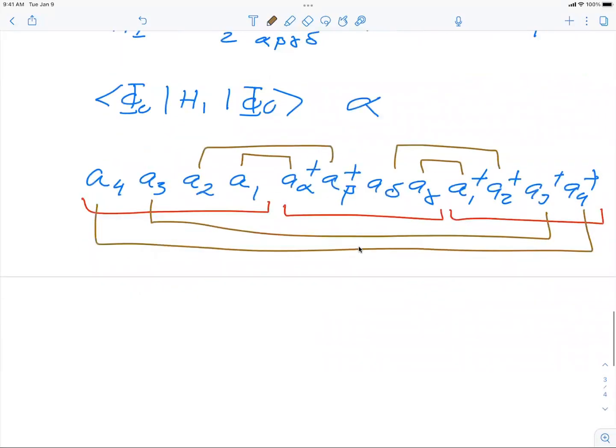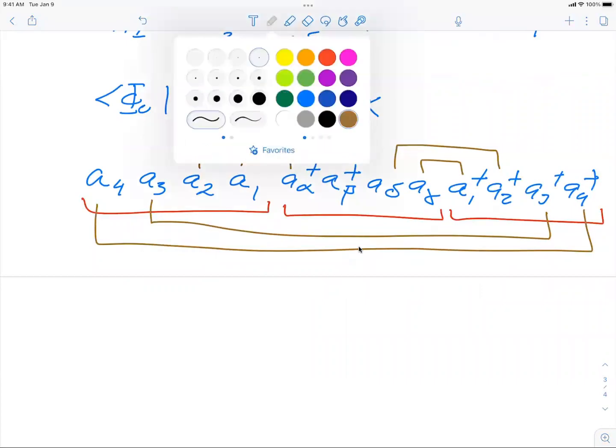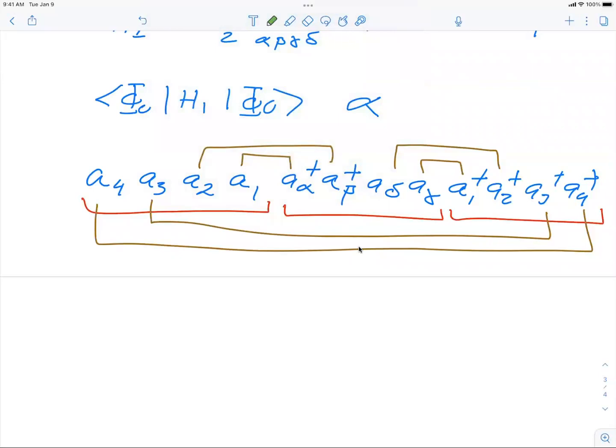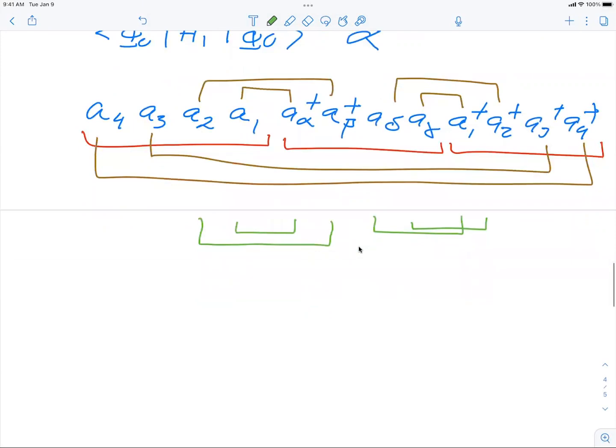So let's keep A3 and A4 fixed, and let's only have the interaction acting on A1 and A2. So that means that here I would get a term which links A gamma with A2, and similarly A delta with A1. I can keep this one fixed. So that's one new contribution, which can be non-zero.